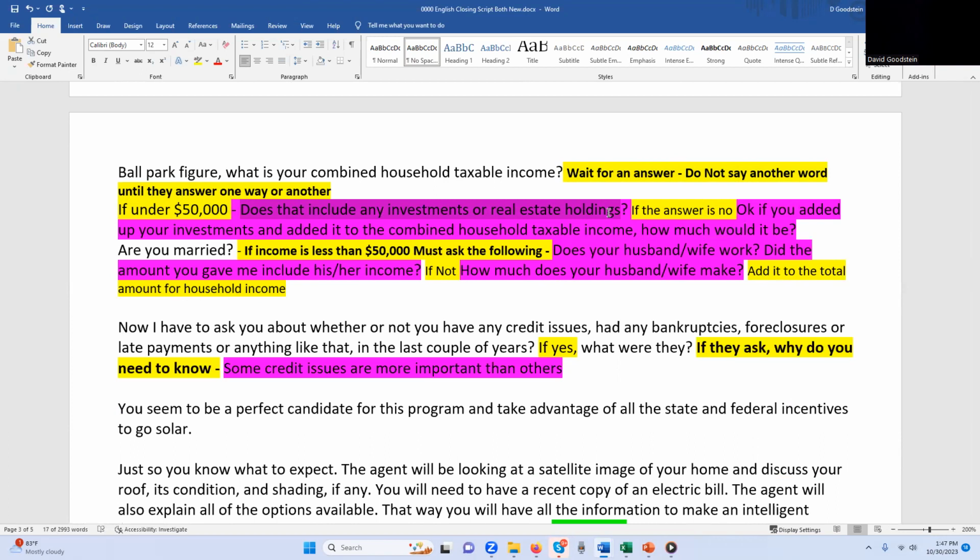Each client has a different income requirement. Some don't have an income requirement, others do. If they do have an income requirement, it's going to be $50,000. So if it's under $50,000, we want to find additional income. Okay, does that include any investments and or real estate holdings? No? Okay.